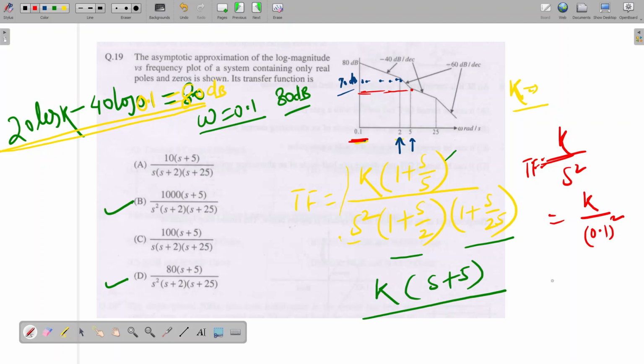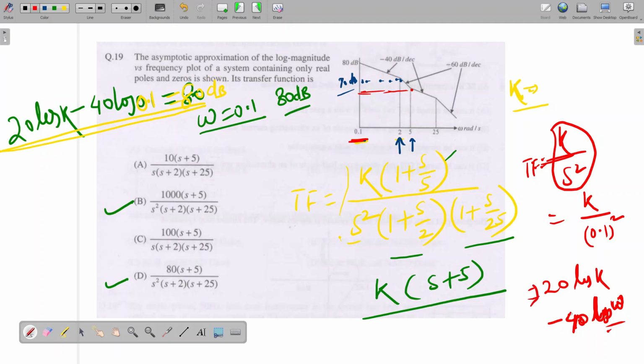If we convert into dB, we have to multiply with 20 log. Log A by B means log A minus log B, and omega square will come outside. So 20 log k minus 40 log omega.